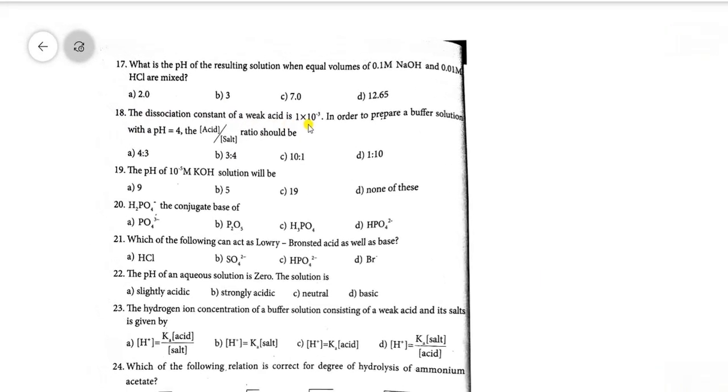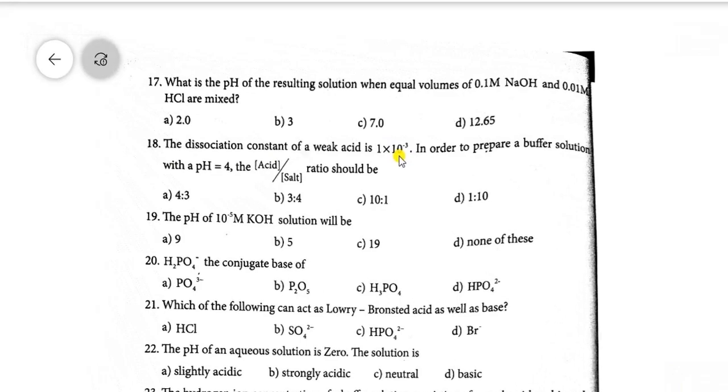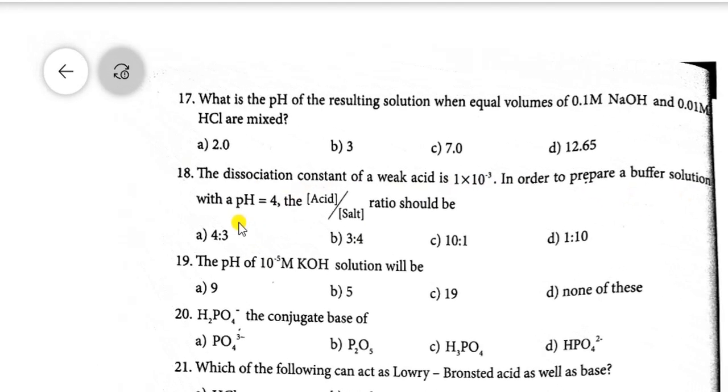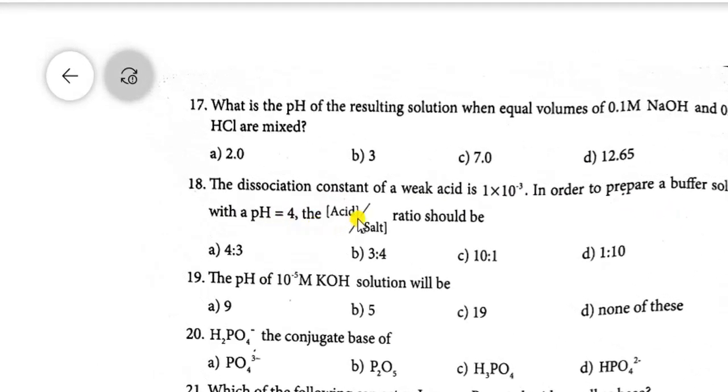Question number 18. The dissociation constant of a weak acid is 1 into 10 power minus 3. In order to prepare the buffer solution with the pH equal to 4, the acid divided by salt ratio should be? The ratio of acid and salt is asked. For a buffer solution, the Henderson equation is given by, so it is an acidic buffer.